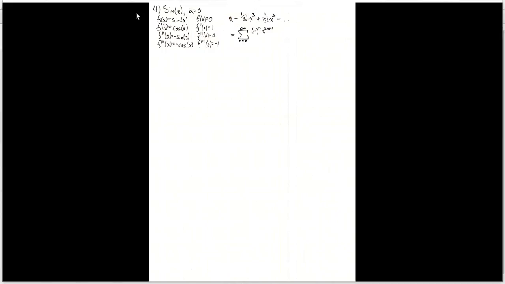Because if n is 0, I get my first power. Then if n is 1, I get the third power. And I get a fifth power. And then these factorials seem to be going 1 factorial, 3 factorial, 5 factorial, just like the powers. So that means that we've got 2n plus 1 factorial. And this is the power series for sine of x.